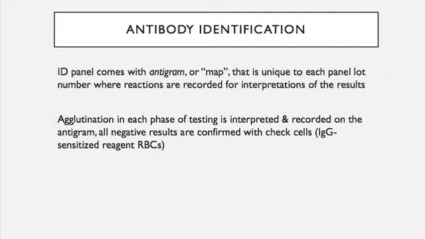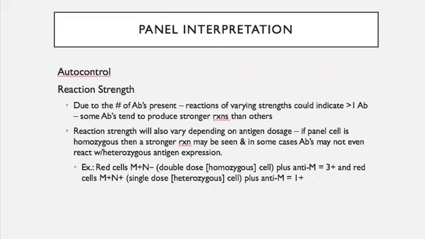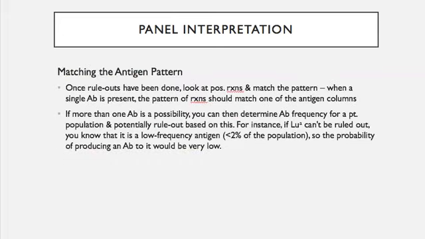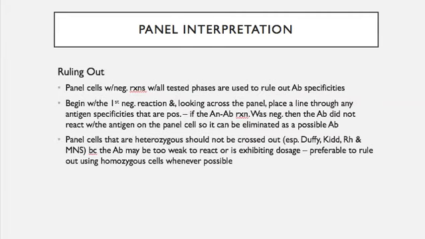I thought I had, I guess I didn't do a slide for it, but reaction phases you also have to take into account. Is the reactivity that you're seeing, in what phase of testing? So is it at room temperature initial spin? That indicates that you're dealing with a cold or an IgM antibody.